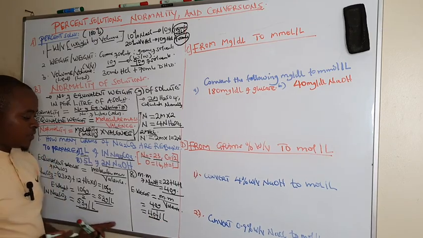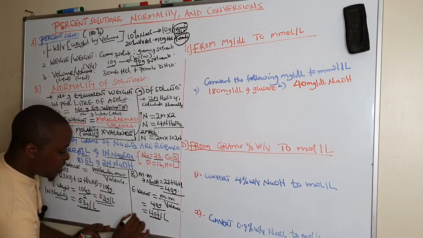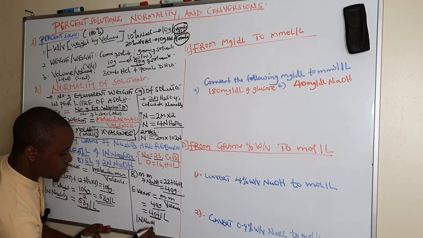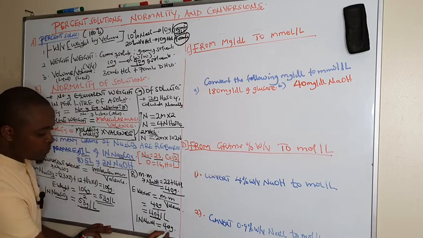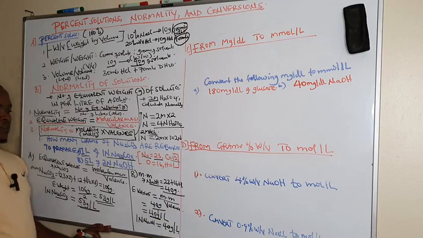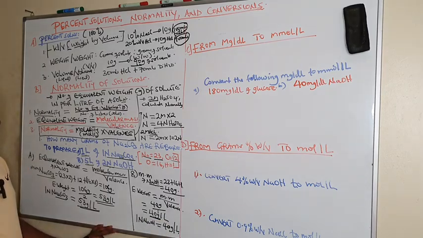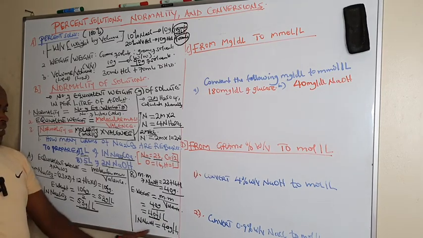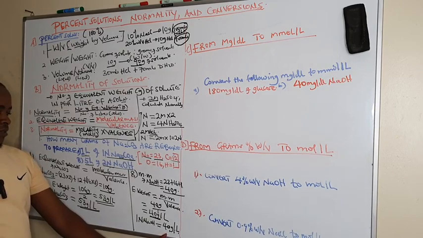So 1 normality of sodium hydroxide has 40 grams. And these 40 grams are dissolved in 1 liter.